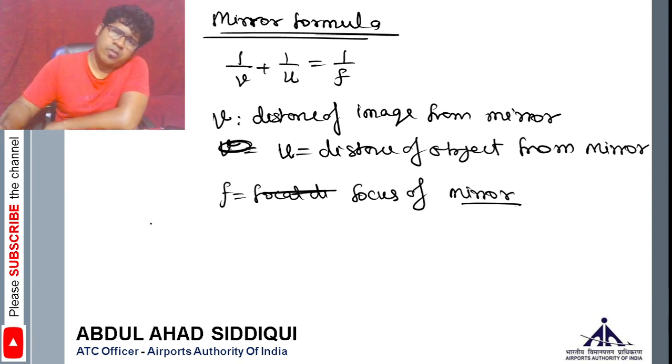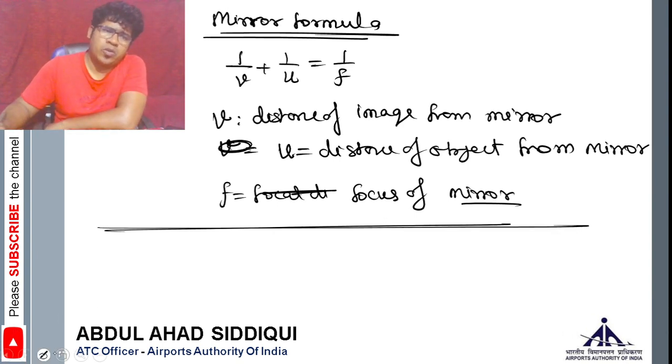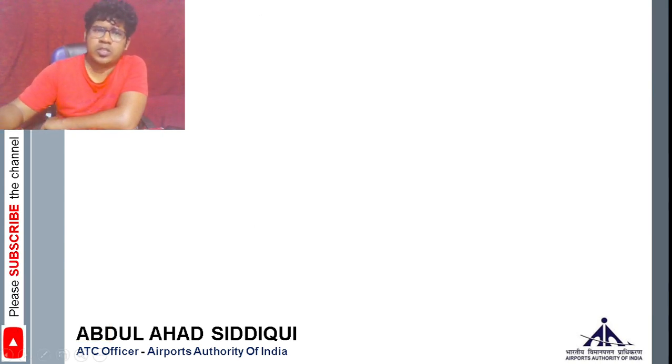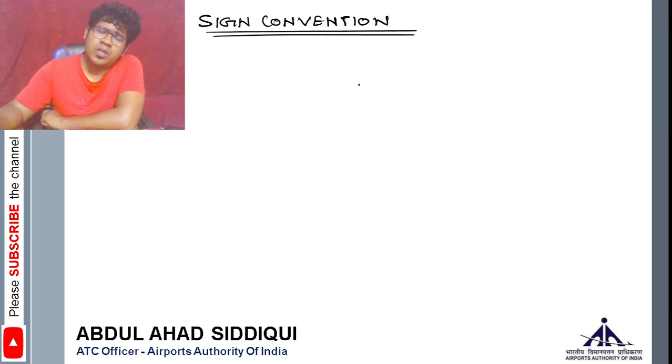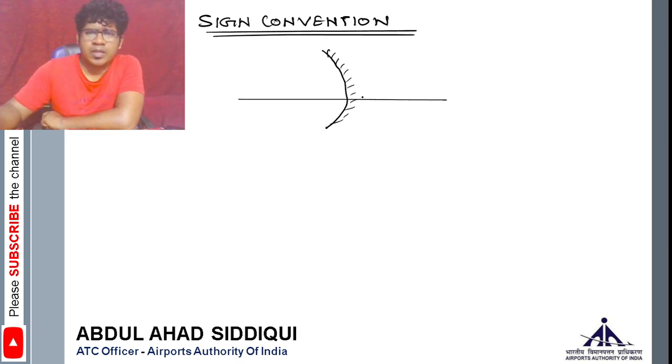While using this formula, you have to follow the sign convention. So let us try to understand the sign convention. See, this is, let's say, a spherical mirror, and this is your pole.